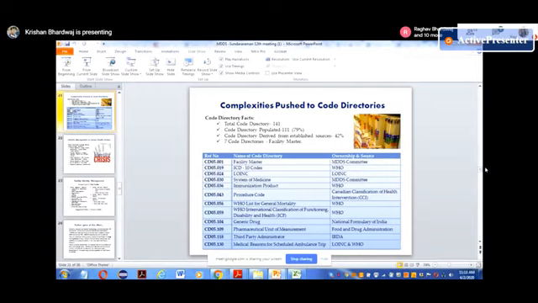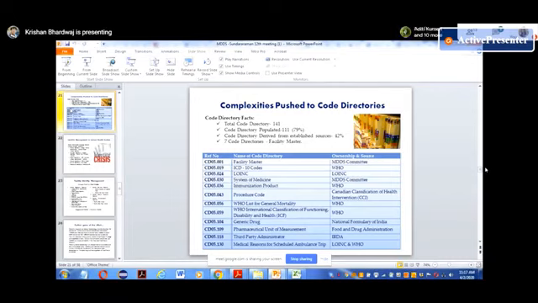As you can see right now, the e-governance portal is publishing all the code directories, for example. If more values are added in the code directories and the updated CSV files are uploaded on their portal, I can go and download them from there. This is a starting point.